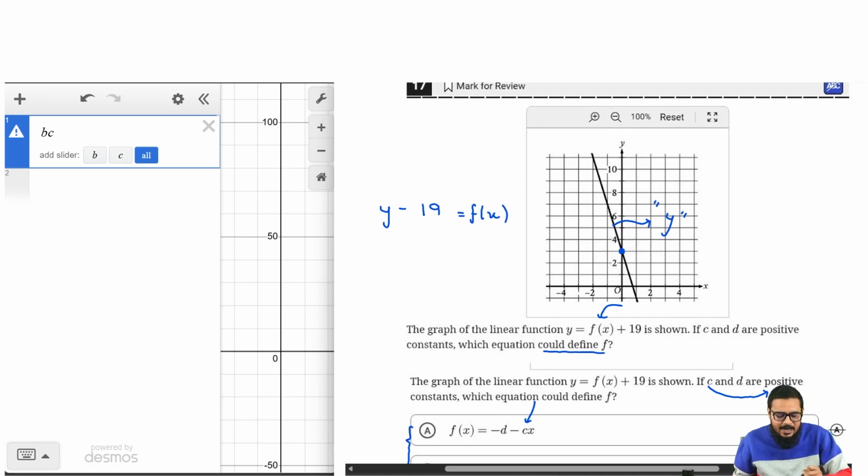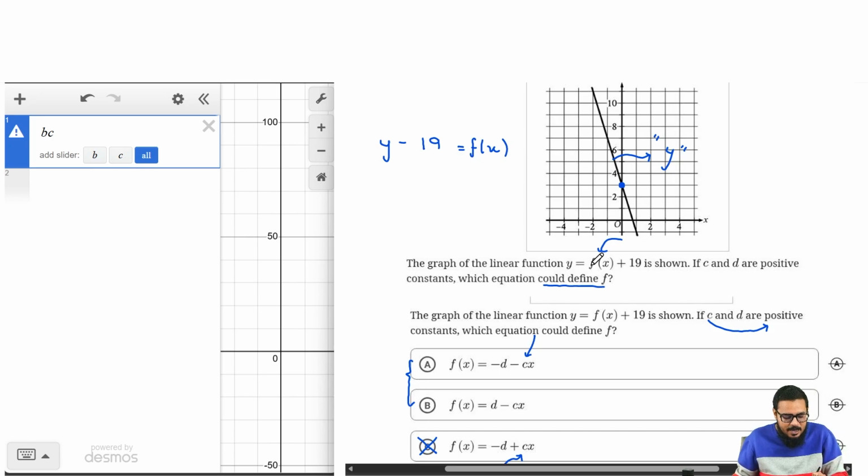My y-intercept currently is 1 for the function y. But if I've decided to translate this entire function y 19 units downwards, this y-intercept is also going to translate itself 19 units downwards, and it would actually become 1 minus 19. Your new y-intercept would be 1 minus 19. It will become minus 18, right?